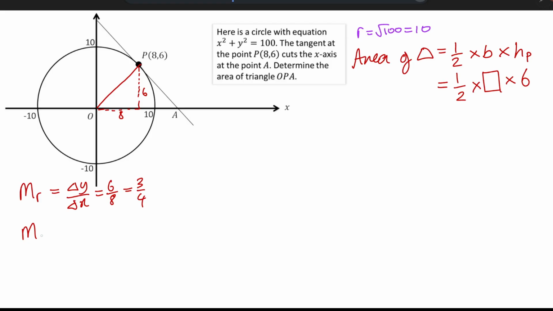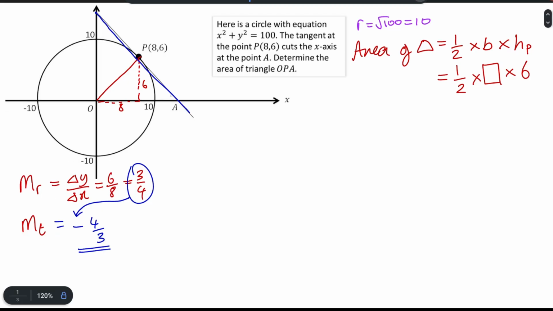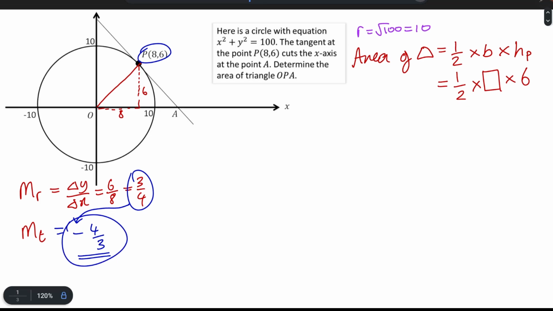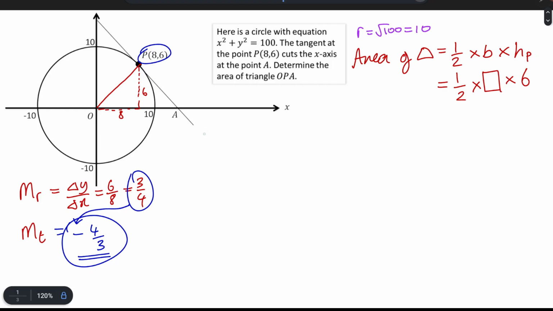M, the gradient of the tangent, so I'm going to put m_t, that's this blue line here, is going to be the negative reciprocal of that. So that becomes negative 4/3. So that's now the gradient of this blue tangent. So we now have, for the tangent, a coordinate and the gradient of that line, so we can use our formula.